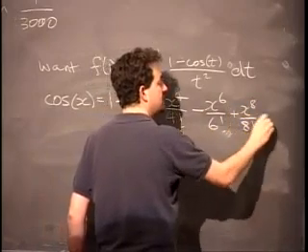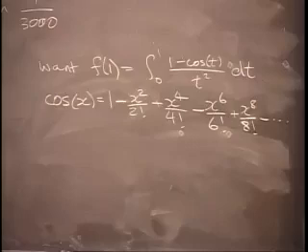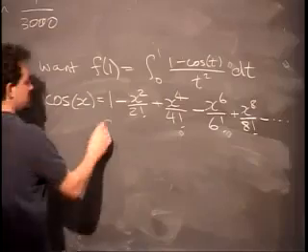So it's only the even powers, which makes sense since cosine is an even function. And it has this plus minus thing. See how similar it is to e to the x, but you just have the evens and you have minus plus minus plus alternation there. Okay, this is true for all x. Take this from me.